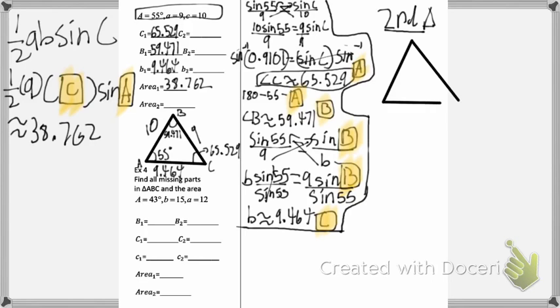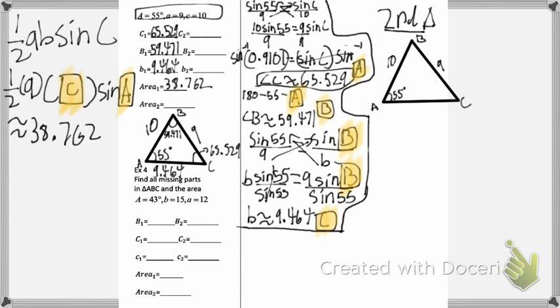We know the given information, so let's do angle A, C, and then that's angle B. And angle A is 55 degrees. Side A is 9. And side C is 10.